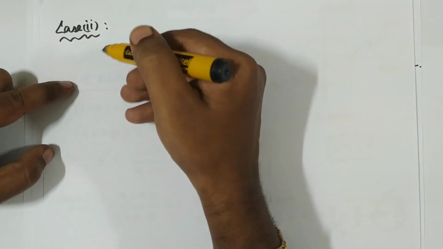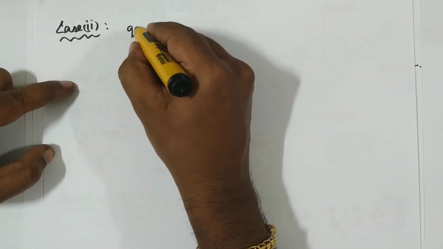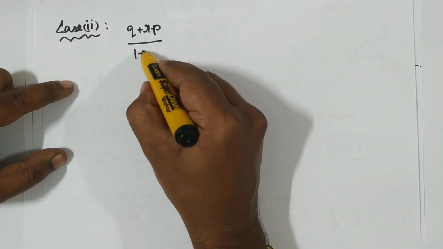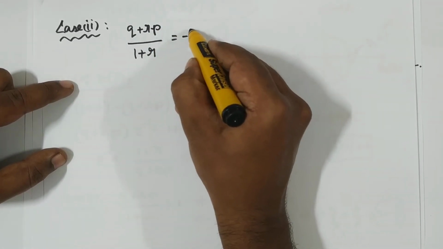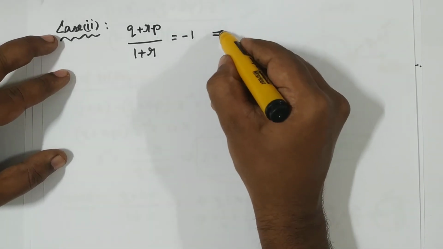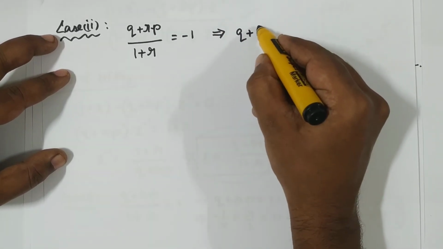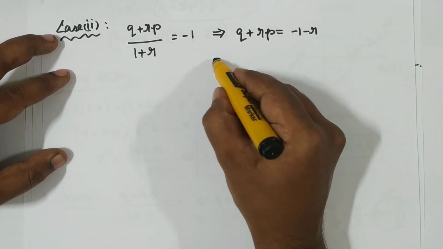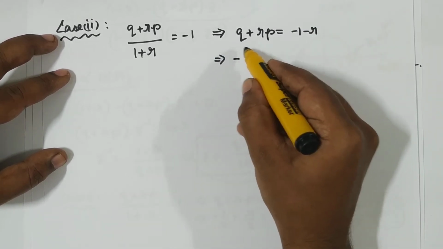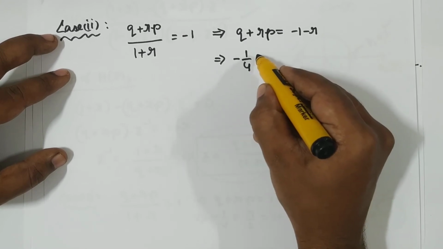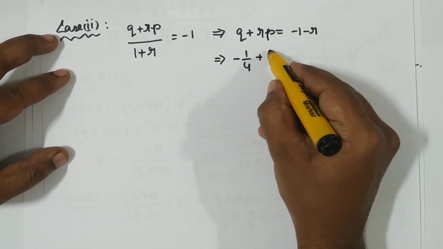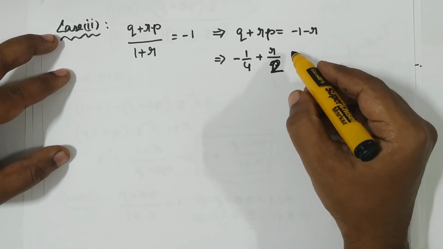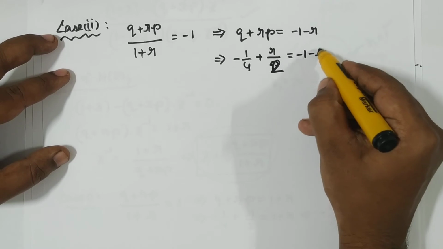So therefore you have q plus rp over 1 plus r equal to now -1. Okay, so you further simplify this. So q plus rp is negative 1, negative r. So you plug in the value for q. It is given negative 1 by 4 and p is given positive half. So p is equal to 1 by 2 and this is minus 1 minus r.